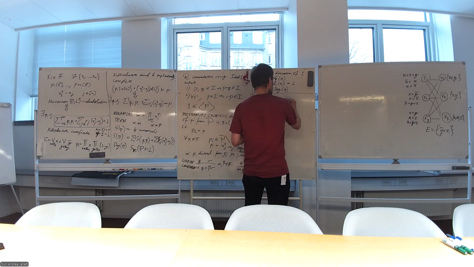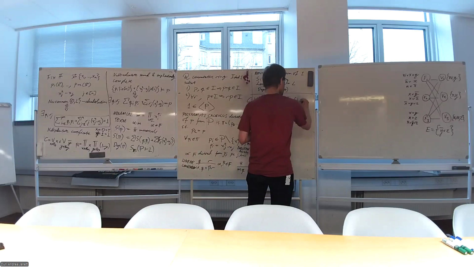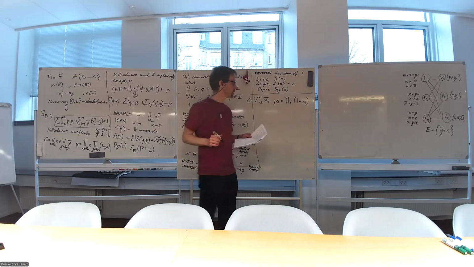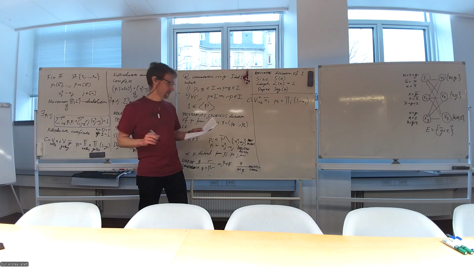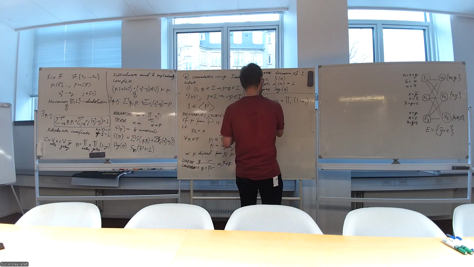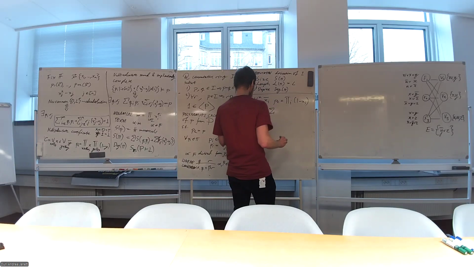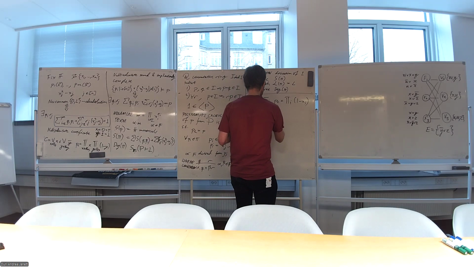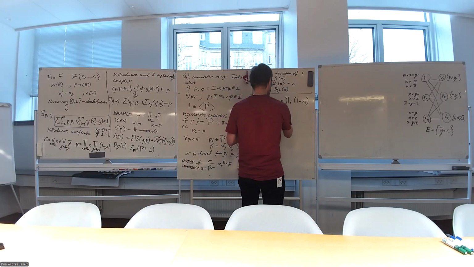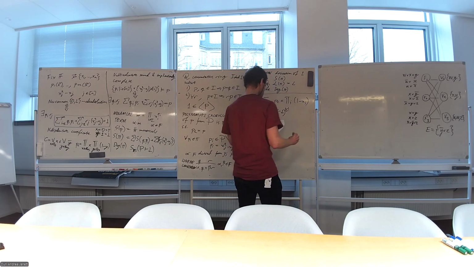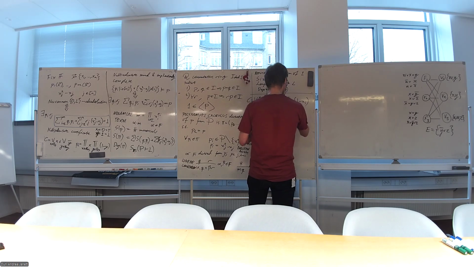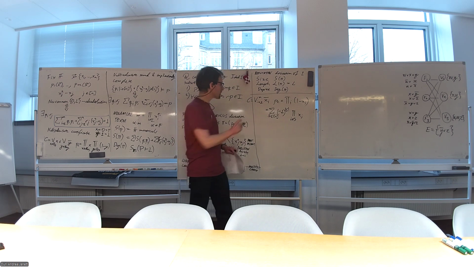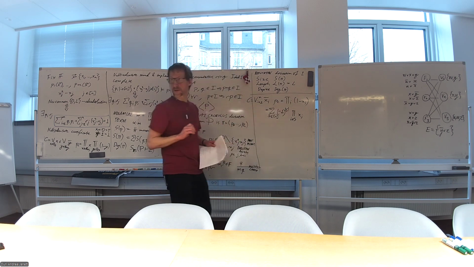That's not hard to translate. That's the product of 1 minus xi, which is then going to be the sum over all subsets of n of minus 1 to the size of the subset times the product over i in the subset of xi. Which you realize now is exponentially large.